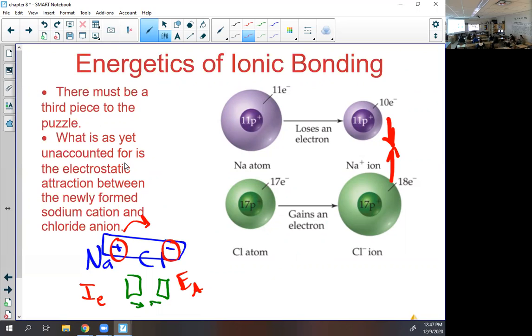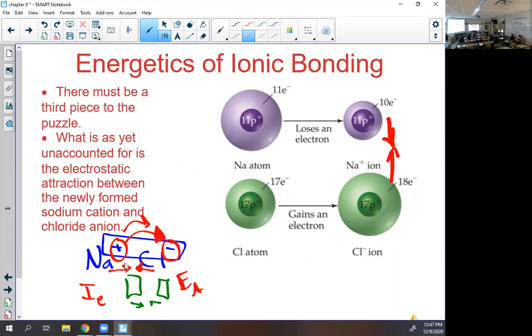What is as yet unaccounted for is the electrostatic attraction between the newly formed sodium cation and the chloride anion. When sodium gave its electron away, there was some energetics there. When chlorine took it, there was some energetics involved. But now they're oppositely charged and they will move towards each other and stick together.